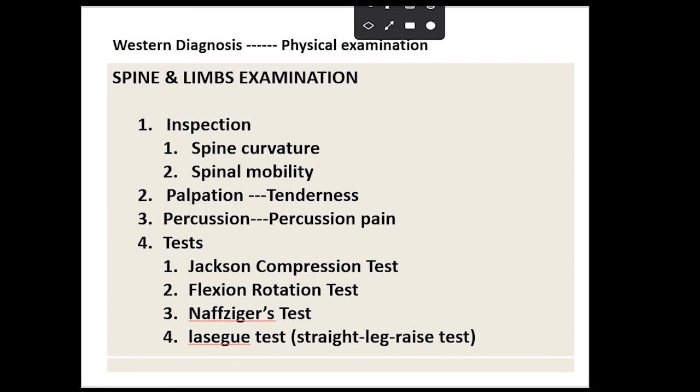So basically we put the spinal and limbs areas together here. We already talked about the spinal cord inspection, and we finished the movement for the spinal. Then palpation for tenderness.